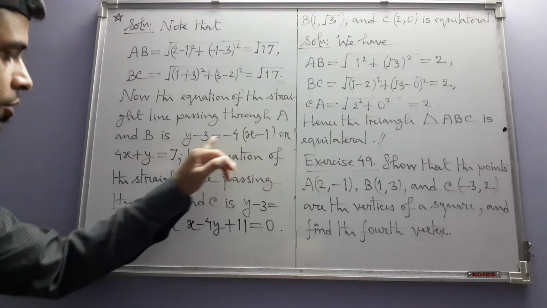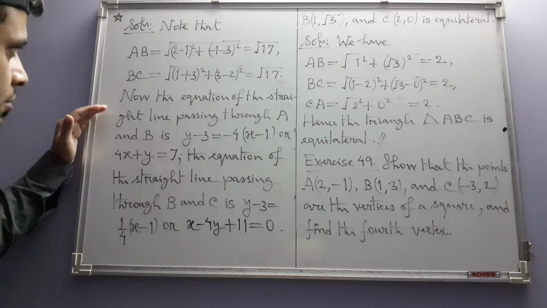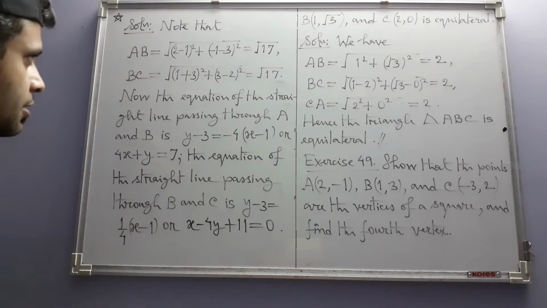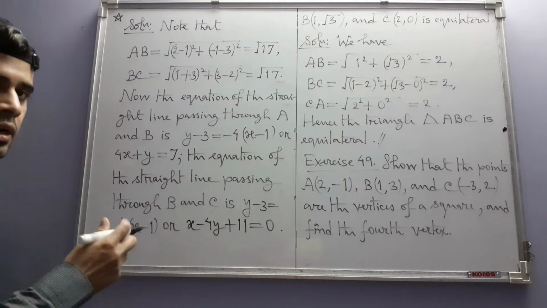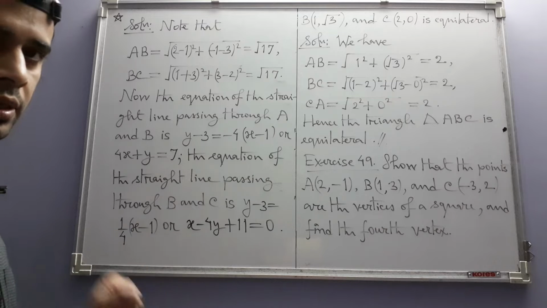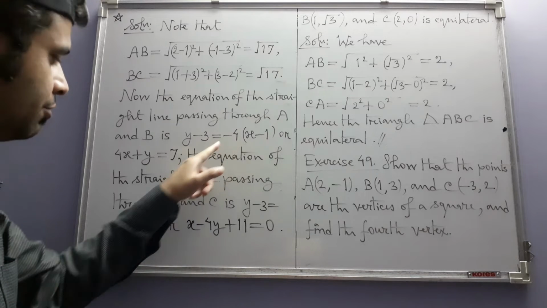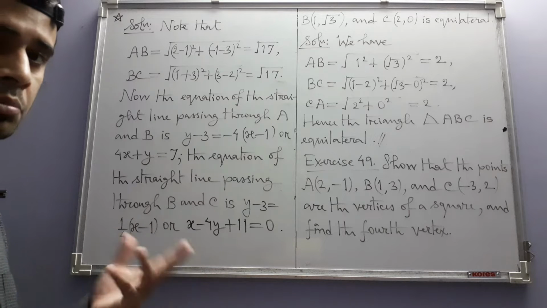These two slopes also tell us something else. It tells us that the line segments AB and BC are actually perpendicular to each other. That is because if you multiply the slopes minus 4 and 1 over 4, you get minus 1.